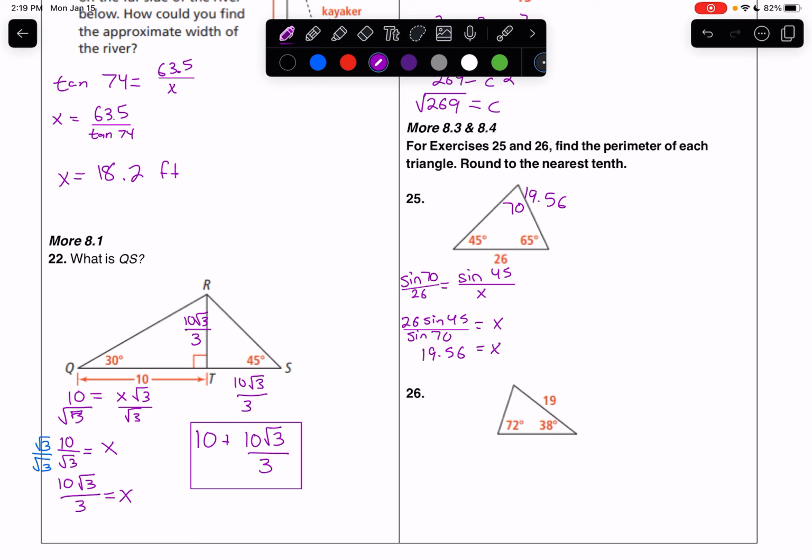We'll do the same thing for the side opposite the 65-degree angle. We can say the sine of 70 over 26, so that same angle opposite side pair, equals the sine of 65 over the opposite side x. Cross multiply, 26 sine of 65 over sine of 70 equals x. And we find out that's 25.08.